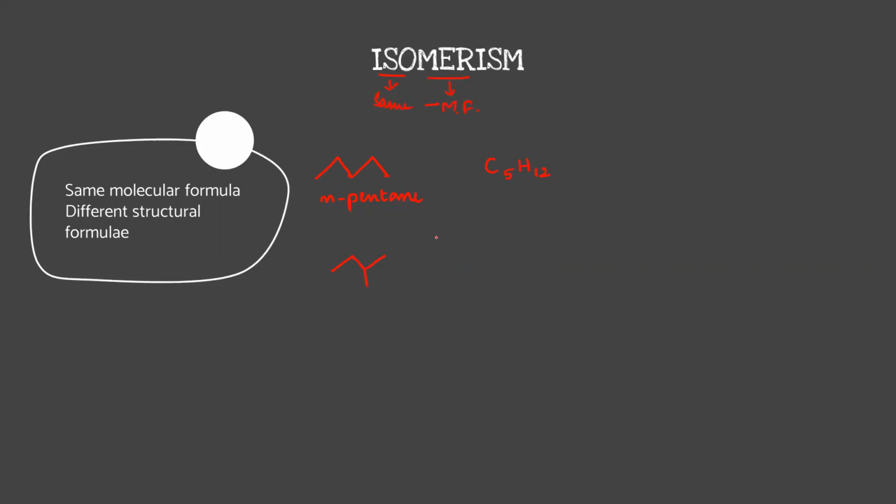Now check for its molecular formula. You have CH3, CH2, CH, CH3, and then CH3. So you have 5 carbon atoms and you have 12 hydrogen atoms. So these both have the same molecular formula, but the structural formula, the structure, is different.